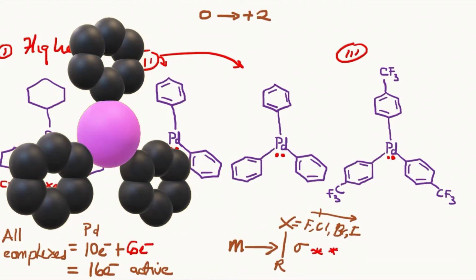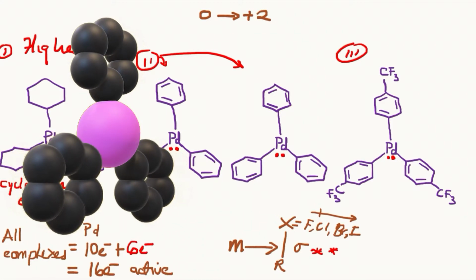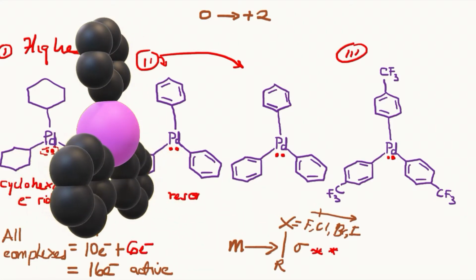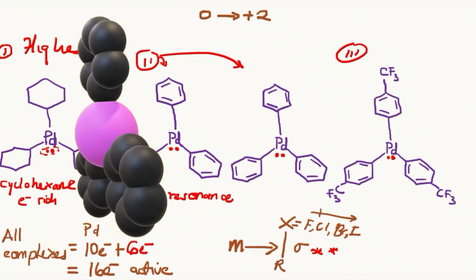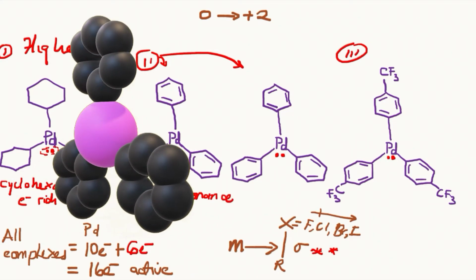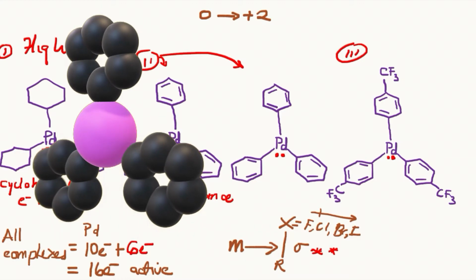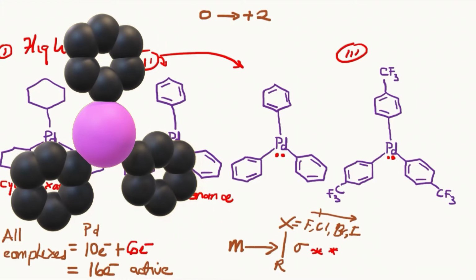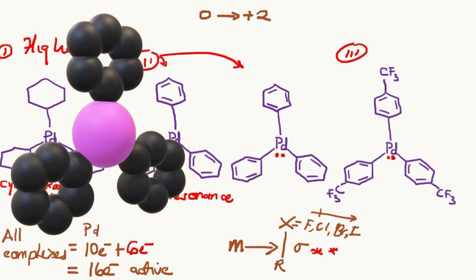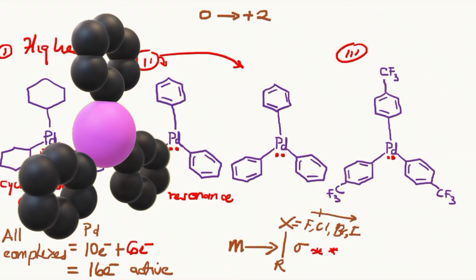The main contributing factor is resonance, and resonance is always a big deal in organic chemistry, and I know you guys have to come across this again. This is because the compounds here are high electron withdrawing groups, and thereby they need to accommodate more electrons, causing a pull of electrons towards them.